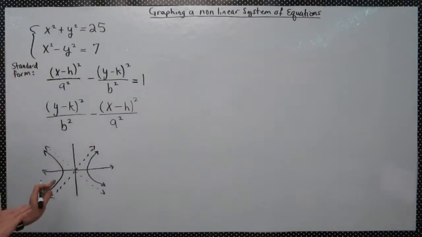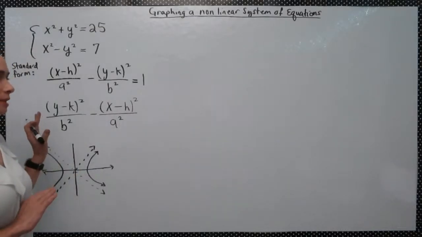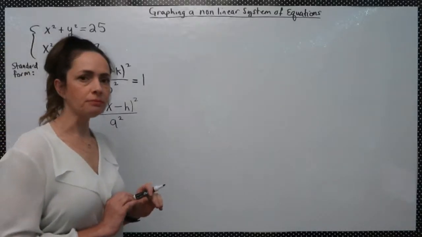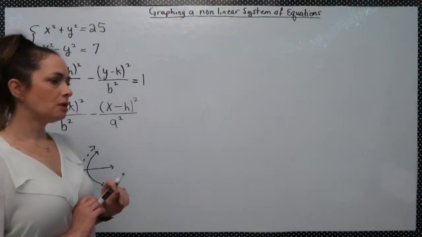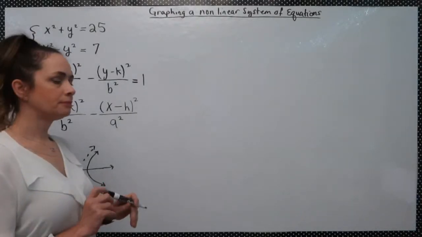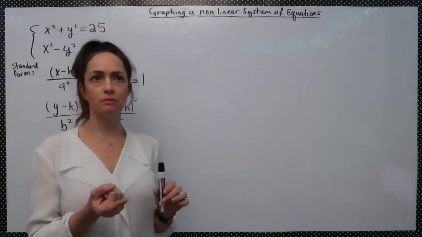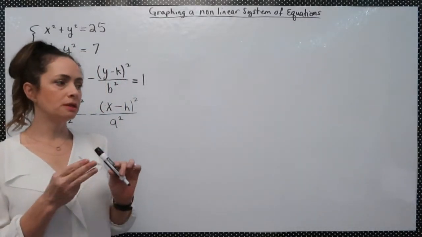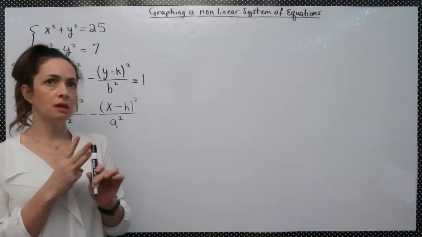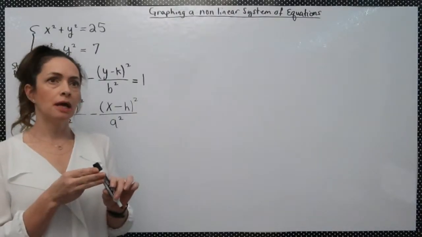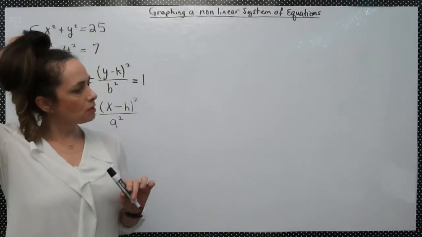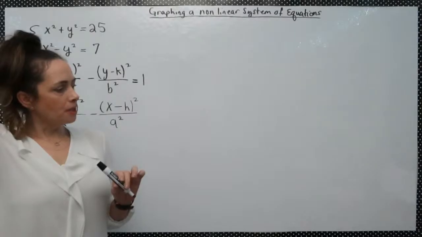So a hyperbola is kind of related to a circle in the respect that it is a conic section. And so conic sections, let me see if I can list them all. You have the hyperbola, the parabola, the ellipse, and the circle. I don't think I'm leaving any out.